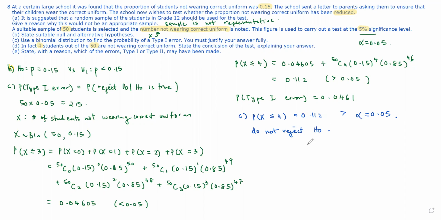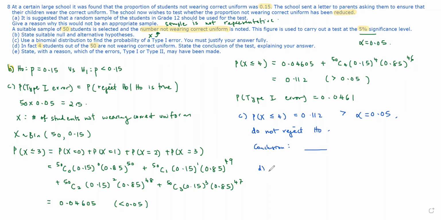When we do not reject the null hypothesis, we must state a conclusion. The conclusion is that there is not enough evidence to conclude that the proportion not wearing the correct uniform has decreased.